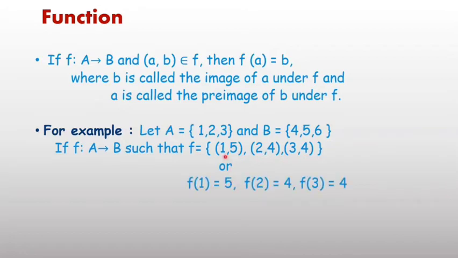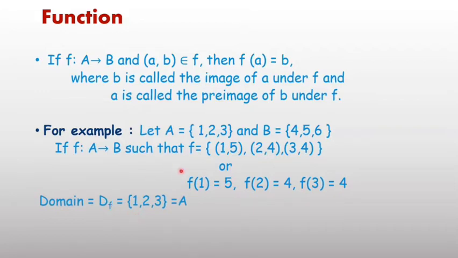Or we can write, since the image of 1 is 5, f(1) = 5. The same ordered pair in this pattern also, f(1) = 5, meaning (1, 5) is an ordered pair which belongs to f. Or if (2, 4) belongs to f, we can write f(2) = 4, image of 2 is 4. Similarly, f(3) = 4.